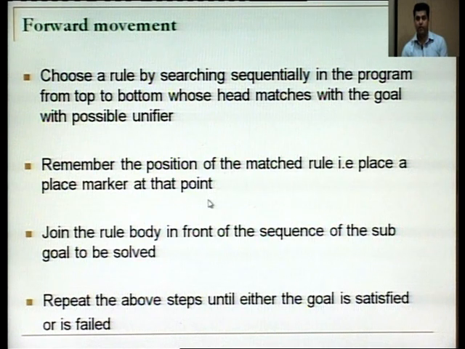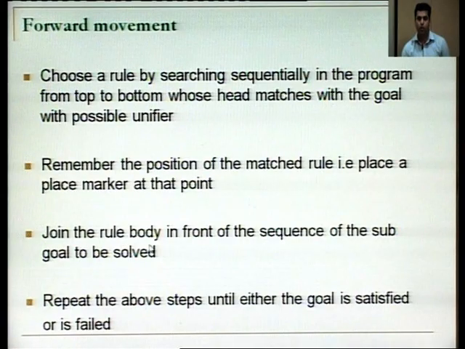I have already explained in the previous slide the concept of the place marker. So, wherever you have matched the goal with some rule or fact, place a place marker at that point. This is how the Prolog compiler remembers from where to start the searching.